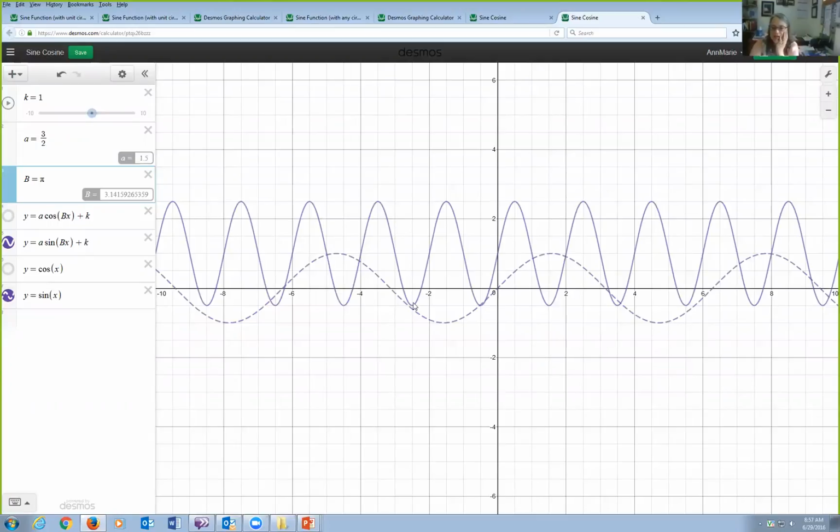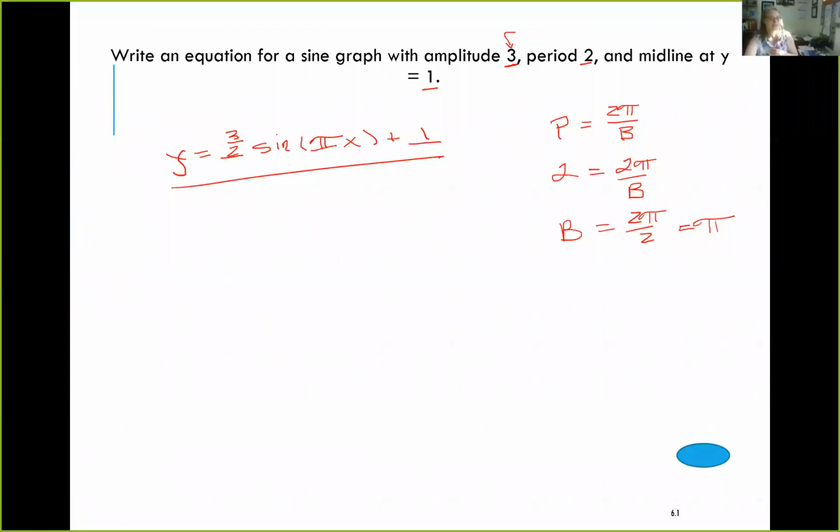And I wanted a center line at 1. And yes, I've got a center line at 1. And I wanted a period of 2. So that means that this point and this point should be 2 units away, and they are. So, all right, that wasn't so bad. We just need to understand how our transformations work.